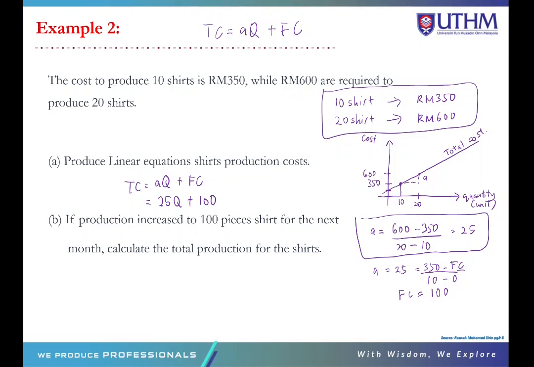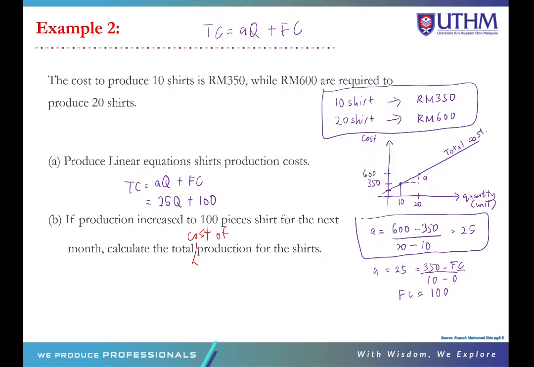For question B, if production increases to 100 pieces of shirts for the next month, calculate the total production cost for the shirts. It's a very simple, direct question. Next month you can produce 100 pieces of shirts; I guess there are missing words here: calculate the total cost of production for the shirts.